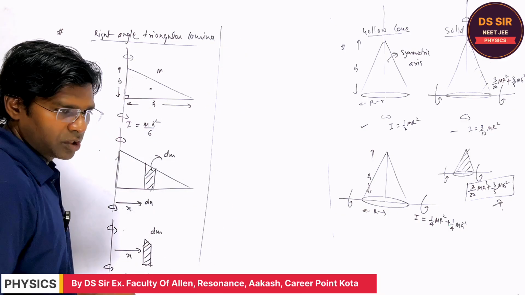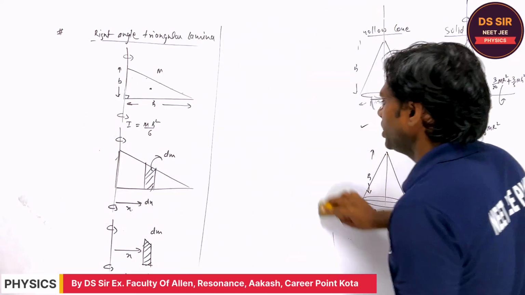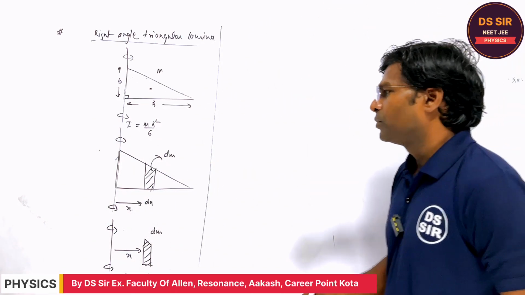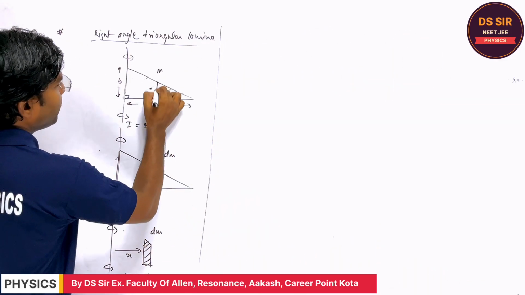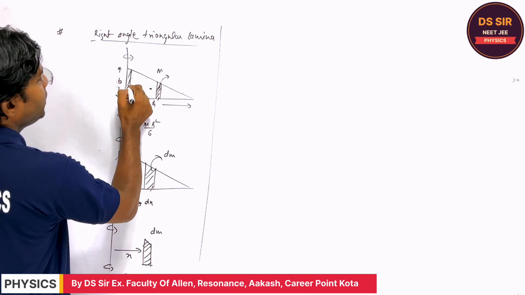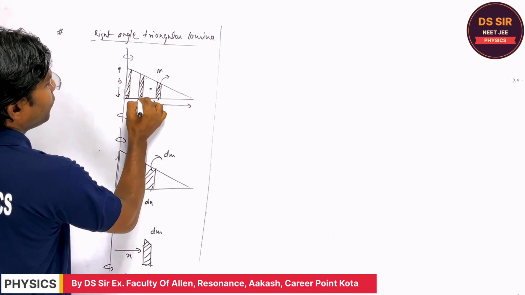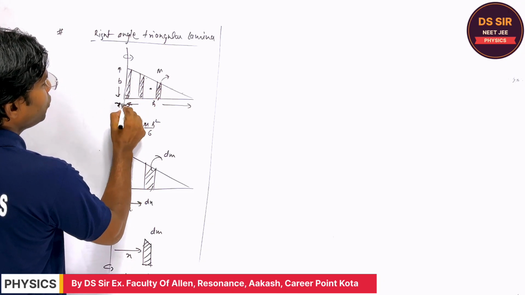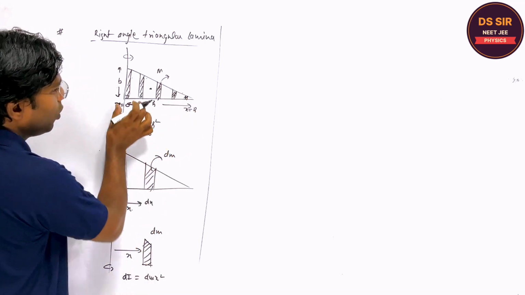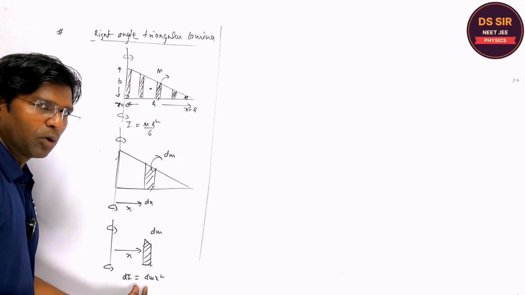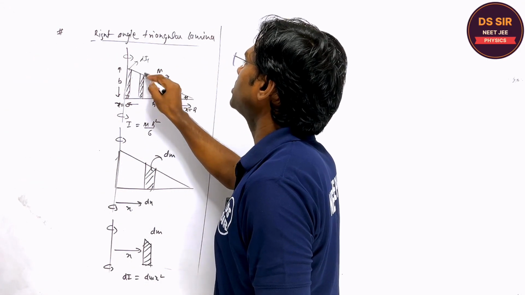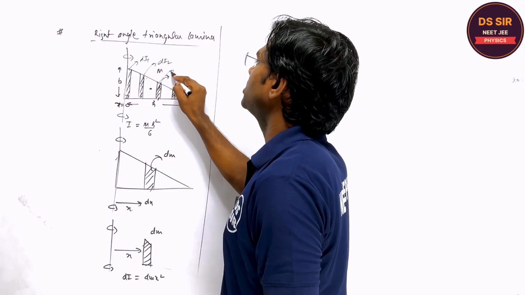Now we have to integrate this and we can find the moment of inertia. Listen one thing. How? Because if you are able to write the moment of inertia for this portion, then so many elements will be there from x is equal to 0 to x is equal to h. So if we add all these elemental moments of inertia, that is this di1, this is di2, like this is di3.